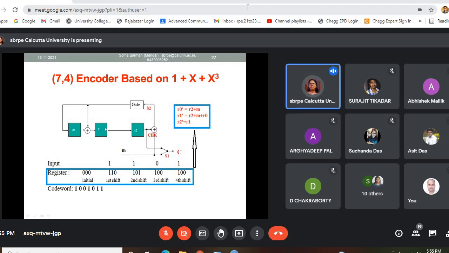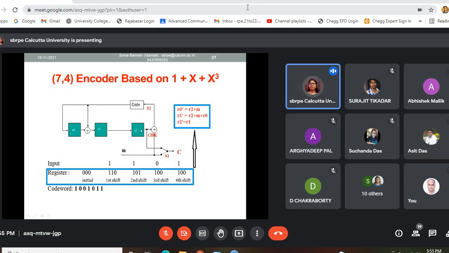Initially this is 0, 0, 0. And how the operation will be performed: the register content is shown here for every shift of the clock. Here I am showing a bar, not a hash, and that means the next state. If R0 is the present state, the next state is this, shown in red. R1 is the present state, and this is what the next state will be.